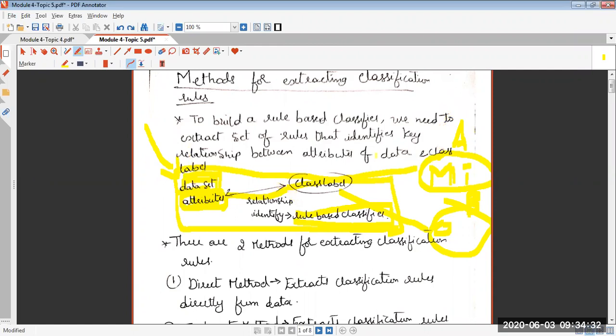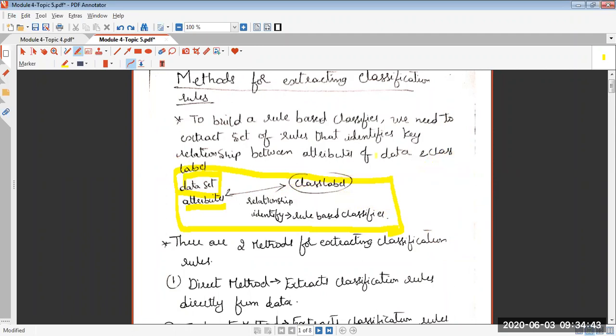So the bottom line here is a rule-based classifier works based on the attributes of the data. It will take the attributes of the data and check whether those attributes relate to the class under consideration.